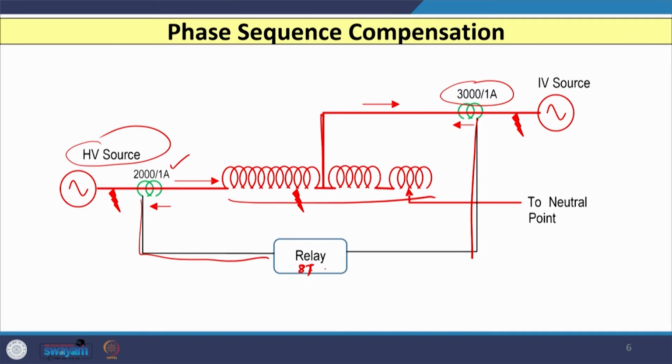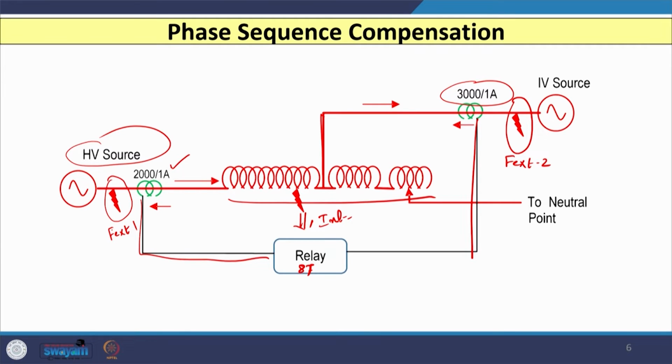You can see that I have also shown the 3 important fault points: one is this point, another is this point, and the third one is this point. These 2 points are external fault 1 and external fault 2, and this is your internal fault.